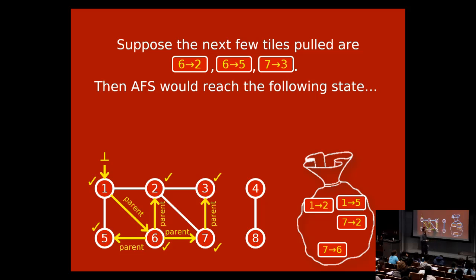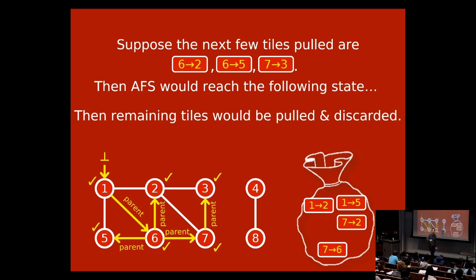If we pulled 7 goes to 3 next, we'd mark 3 and add this parent information. Then we would keep running the algorithm, but for each successive tile that we pulled, 2, 5, 2, or 6, it's already marked. So we would just pull it and throw it out. We would pull out a tile and throw it out 4 more times, and then the algorithm would really end with this state.